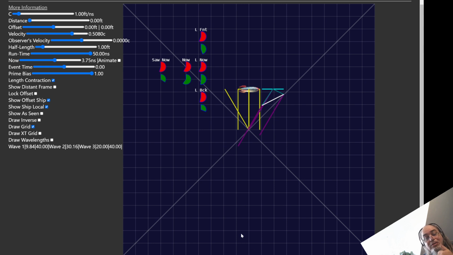Older is towards the back, and newer events is towards the front. So this is a time after this one. This line is now.